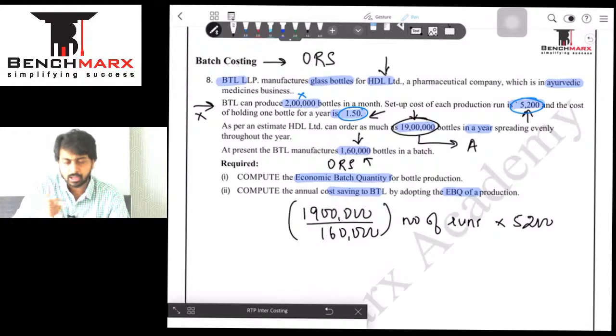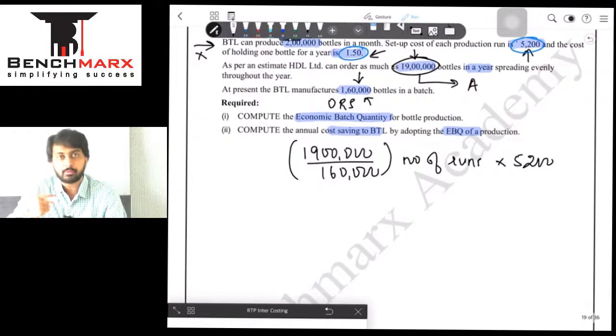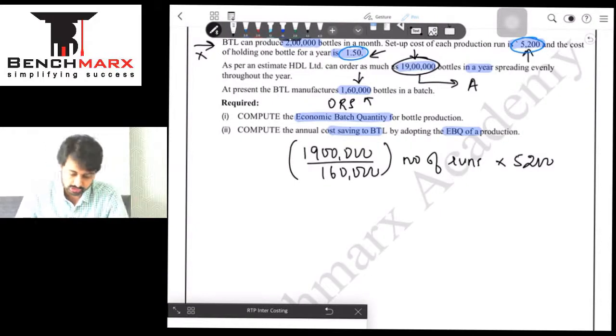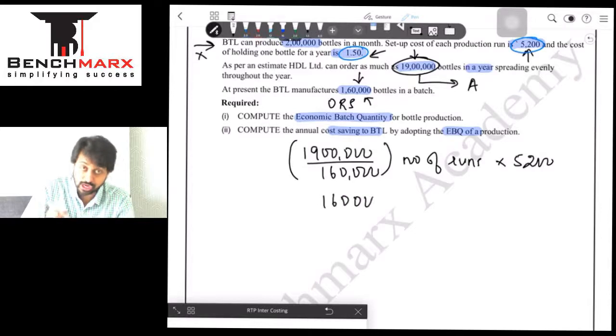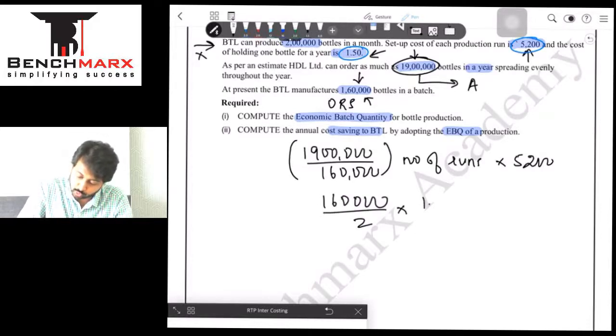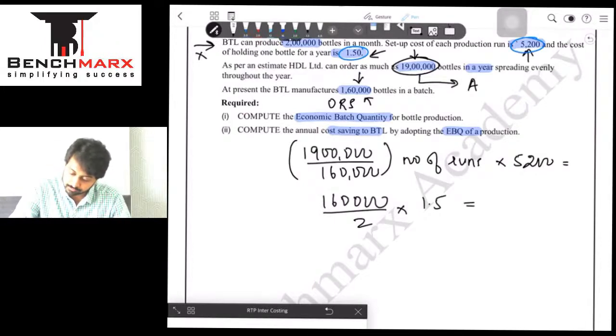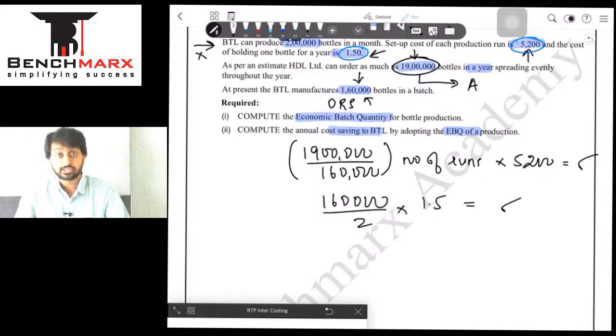Normal A upon Q into the cost per run as my setup cost, the cost at non-EOQ. Similarly, Q upon 2, that is 1,60,000 upon 2 to get my average stock, and into 1.5, this is going to be my inventory holding cost of FG, and this figure plus this figure is my inventory associated cost if I produce 1,60,000 at one production setup.